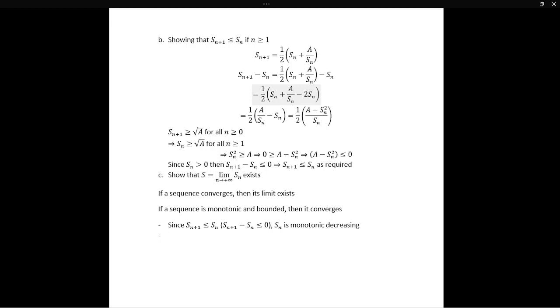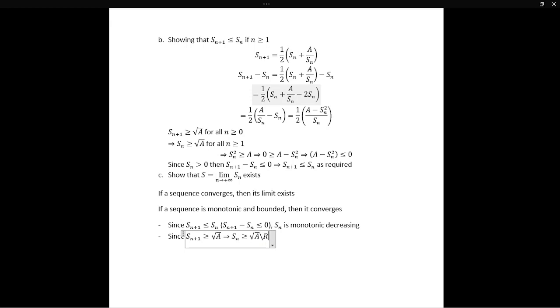Alright, now is it bounded? Yes, it is bounded, because it is bounded from below. Since we showed in the first question that s of n plus 1 is greater or equal to the square root of a, it therefore means that if I introduce a sequence s of n, it will still be greater or equal to the square root of a.